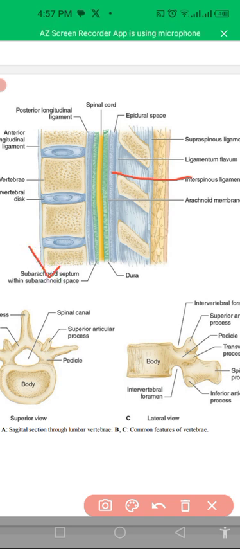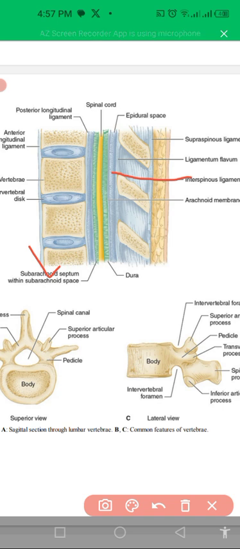In the subarachnoid space, we inject bupivacaine, and we give the dosage according to the surgery. There are certain factors that affect the dosage and all aspects of spinal anesthesia, like the baricity of the drug and the site at which the drug is injected.